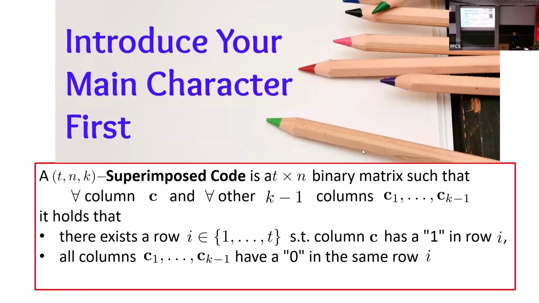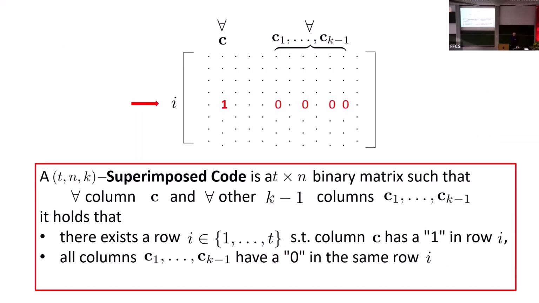For any column that you can choose, and for any other k-1 columns, you can always find a row in the matrix such that the column that you have chosen has a 1 in this row, while all the other k-1 columns have all zeros in this row. So this is the pattern that characterizes superimposed codes.